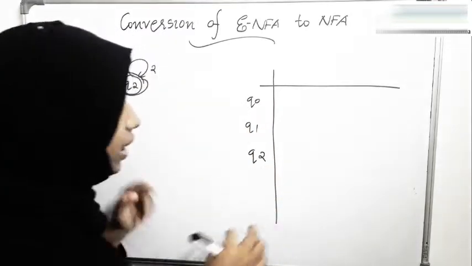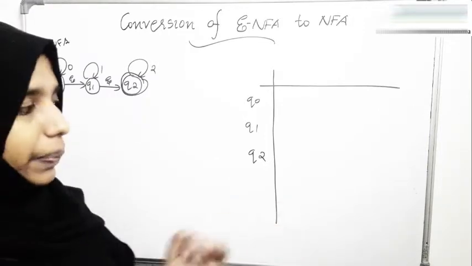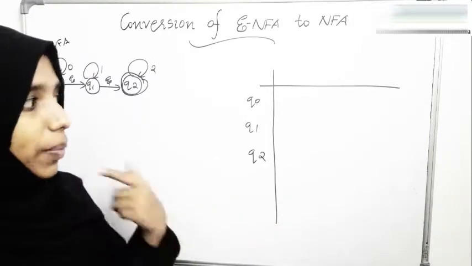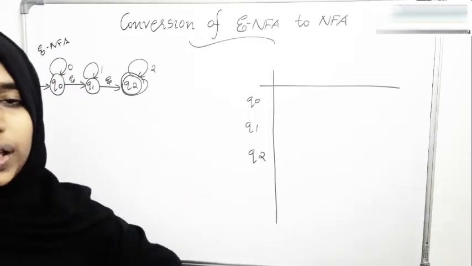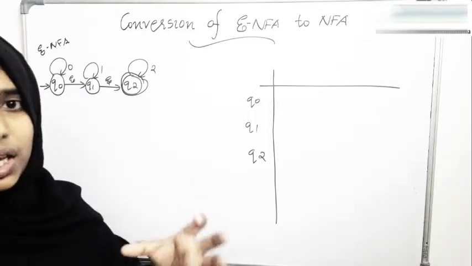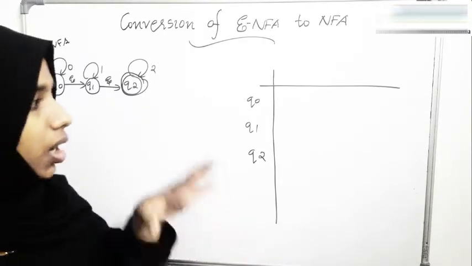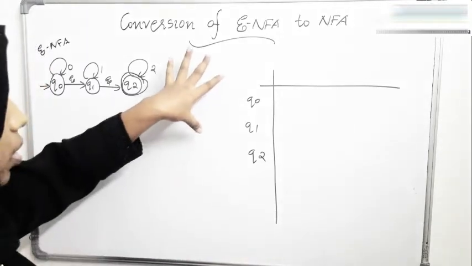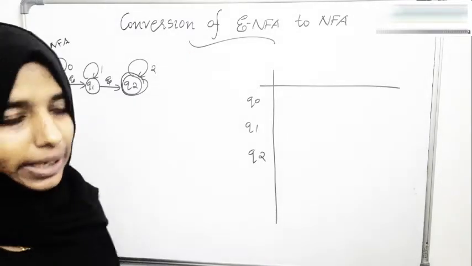While converting an NFA into a DFA, we did not get exactly the same number of states. We may get even more states, because there we created the states of the DFA by taking subsets of states from the NFA. But in this case, the total number of states of the epsilon NFA and the NFA will be exactly the same.